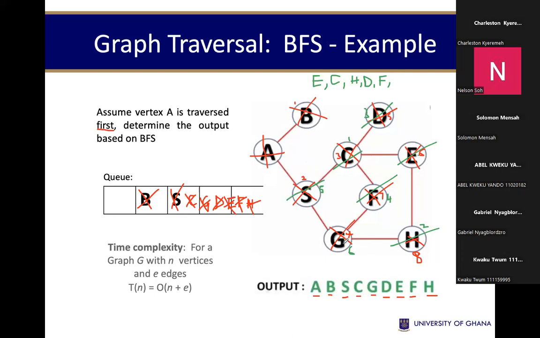S is adjacent to J and A, but J is already marked. So I need to come to A and mark A as 7. Of course, I have to output S. So this is this. Let me just come down.